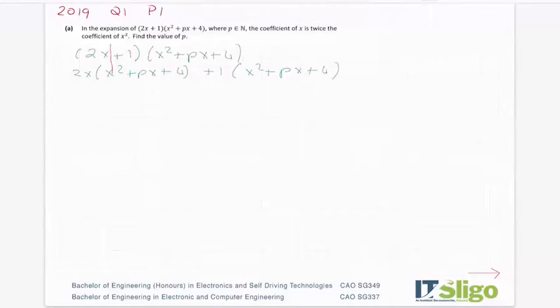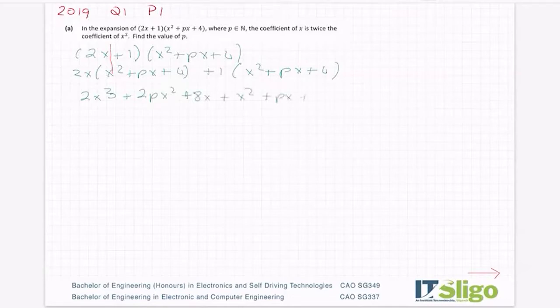Or you can go straight to this line, which is 2x³ + 2px² + 8x + x² + px + 4. So you can see what I was trying to do was keep the x terms on the outside just to make it a little bit easier for me to group them together.